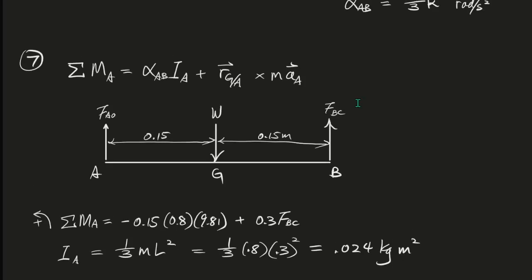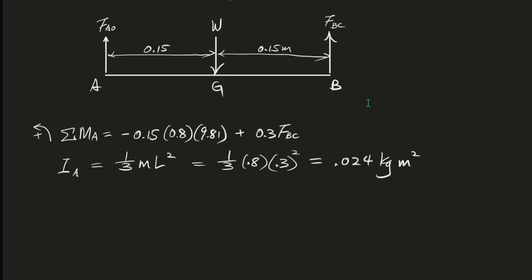All right, so we'll write the equation again. We'll try to plug in all the numbers and we'll solve for FCB. So negative 0.15 times 0.8 times the gravity plus 0.3 FBC is equal to the other hand.